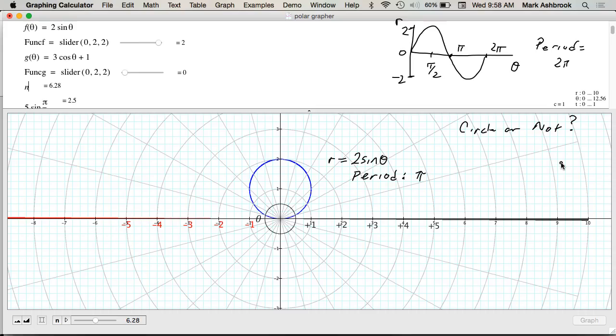We can answer that question by taking this equation and converting it into x and y. So we're going to use our relationships that we just found by putting the polar plane and the rectangular plane on top of each other.